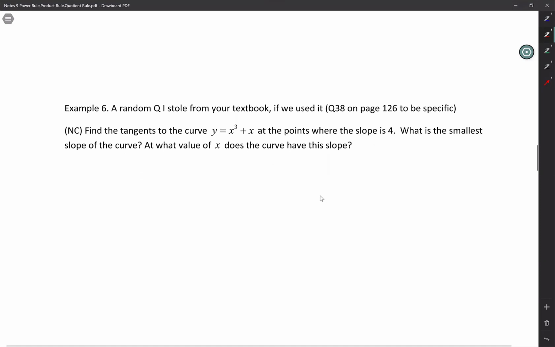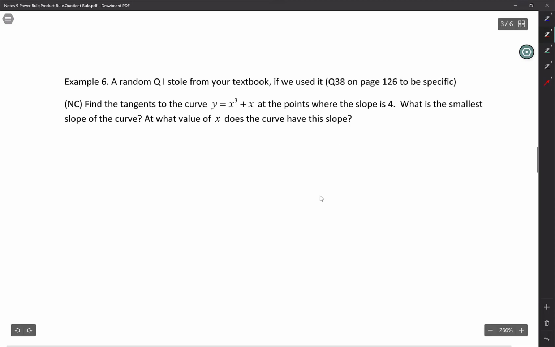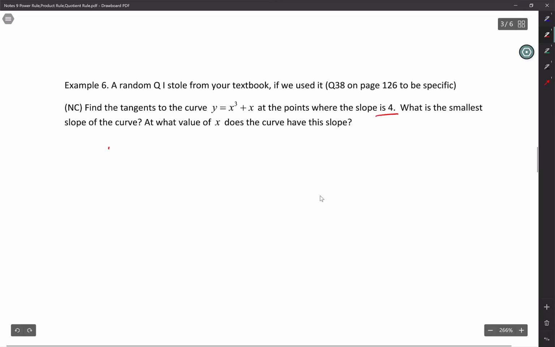All right. Find the tangents to this curve where the slope is 4. All right, let's do that. Y prime equals 3x squared plus 1. And I'm going to set that equal to 4. So I'm going to solve for this, guys. Minus 1.